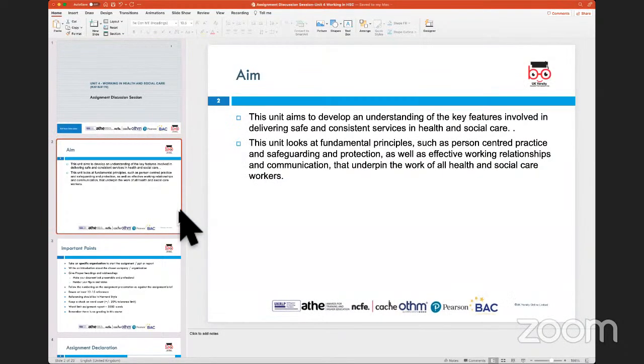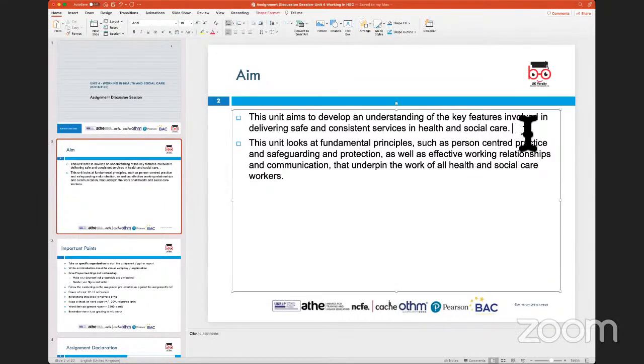The aim of this unit is to understand the fundamentals of how we deliver safe and effective healthcare services to users or patients within the health and social care sector. This unit is a combination of understanding the person-centered approach, the 6 C's of care, and the major regulations which have to be conformed with in a health and social care setting.